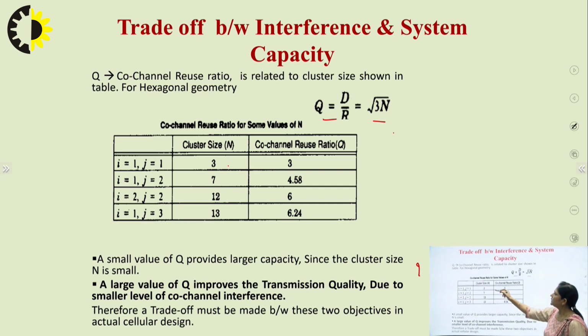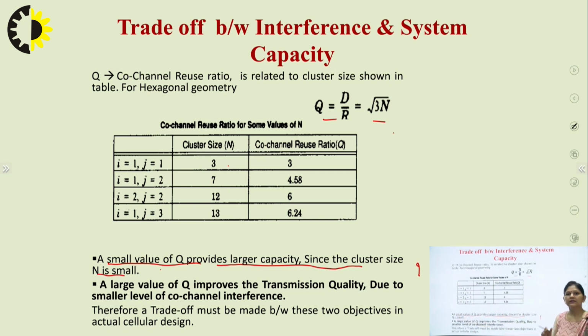So as you keep on increasing the cluster size, the co-channel reuse ratio increases. From this table, you can derive that a small value of Q provides large capacity, since the cluster size n is small.